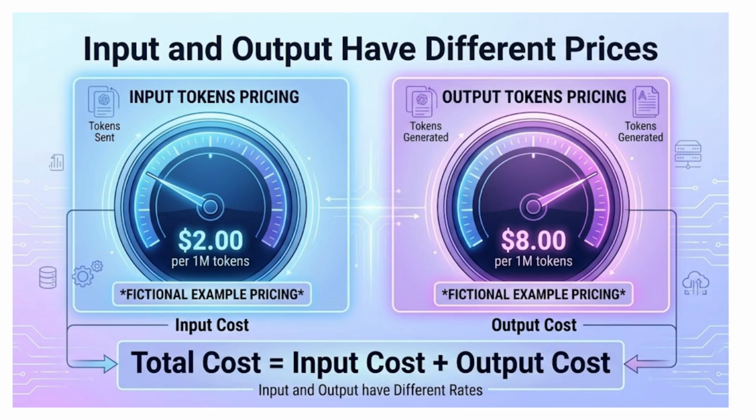This means we should not simply combine all tokens and multiply them by one price. Instead, we calculate the input cost separately and then calculate the output cost separately. Finally, we add these two amounts together. So the basic formula is total cost equals input cost plus output cost. Remember, the prices shown here are only examples. Actual prices depend on the provider and the AI model you choose.